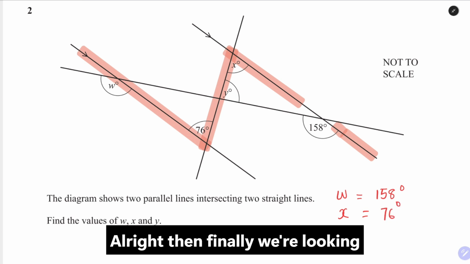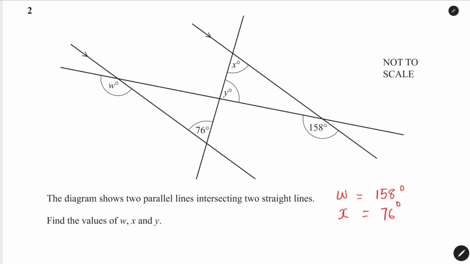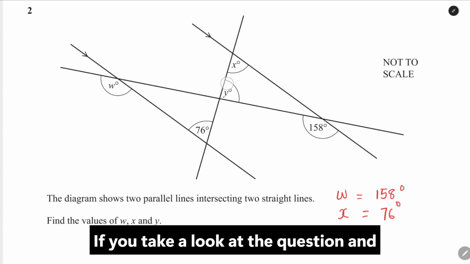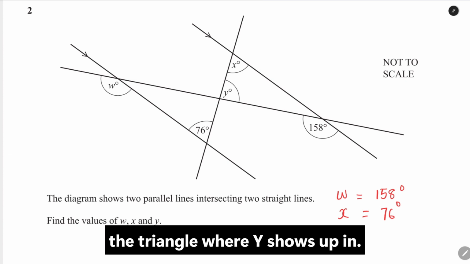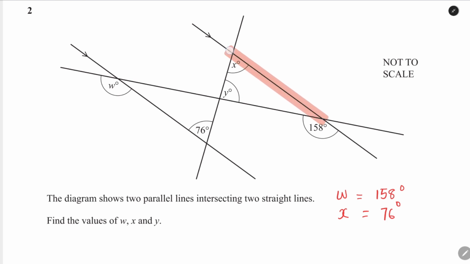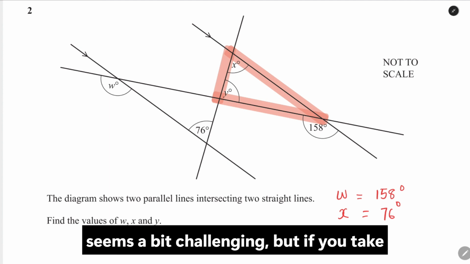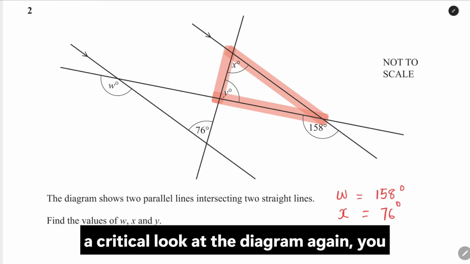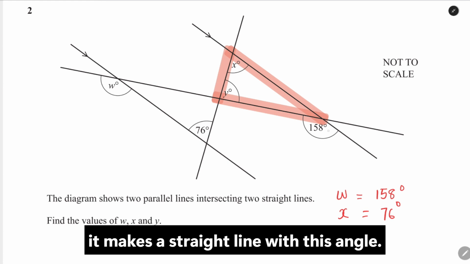All right. Then finally, we're looking out for angle Y. If you take a look at the question, angle Y is right here. Let me highlight the triangle where Y shows up. Okay, so I have this triangle here. That is where Y shows up. It seems a bit challenging, but if you take a critical look at the diagram again, you will notice that you have 58 here, and it makes a straight line with this angle.